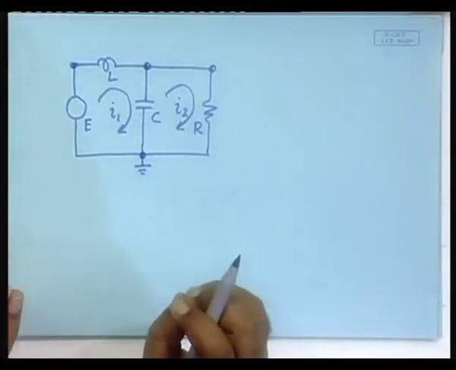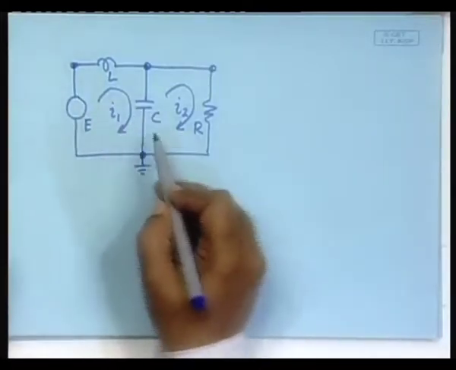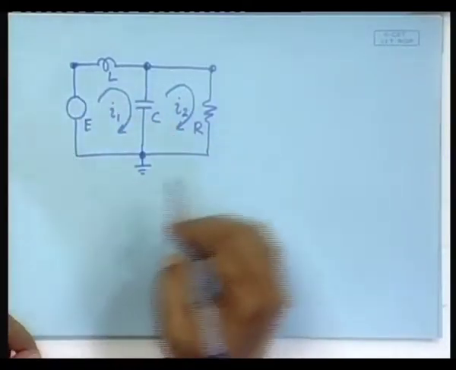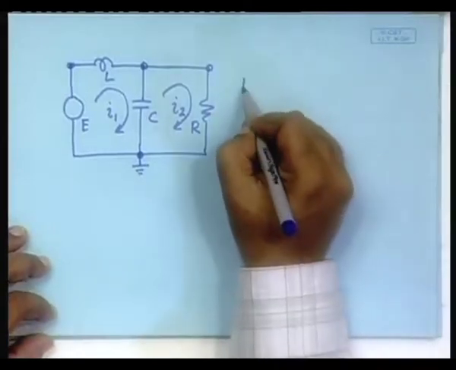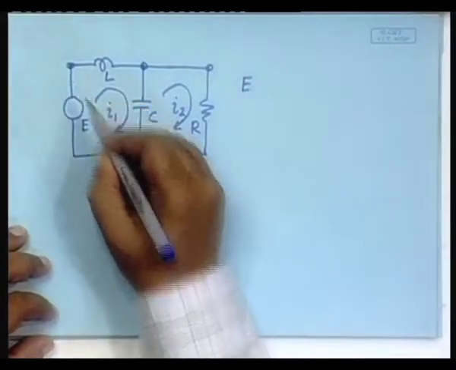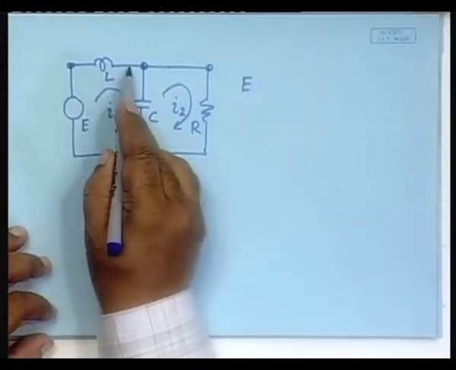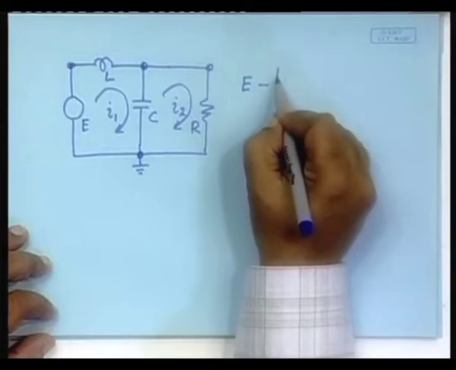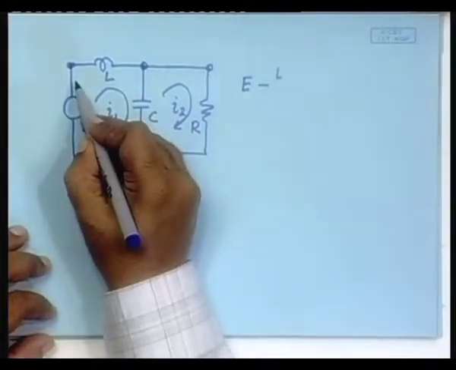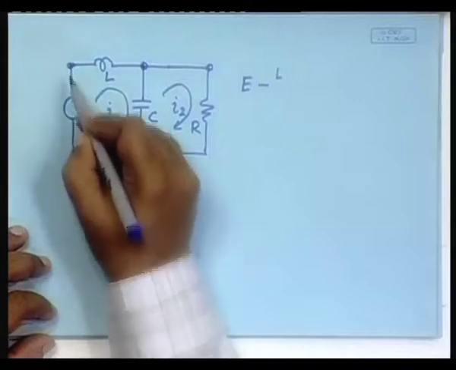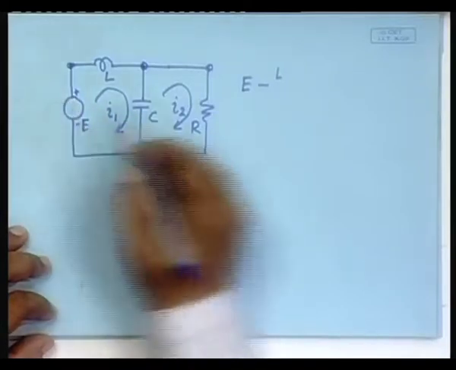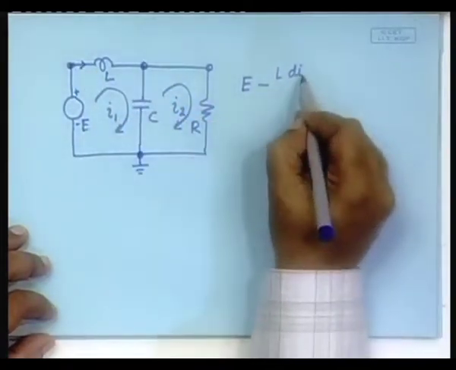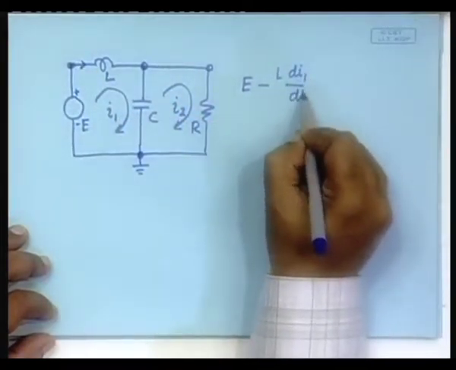First let us apply the voltage law, mesh current method we said. In the first loop the voltage law will look like E minus, here it is a voltage drop, L di dt, minus, this is a voltage rise. So instantaneous polarities. So this is a voltage rise, E minus L di1 dt.